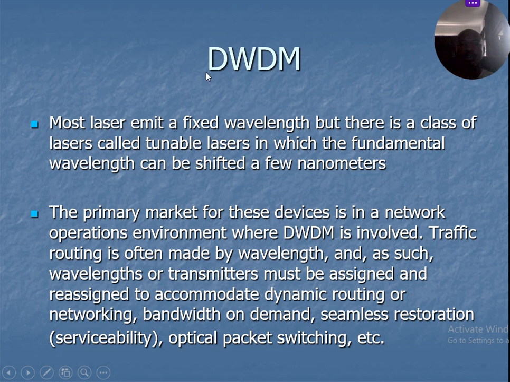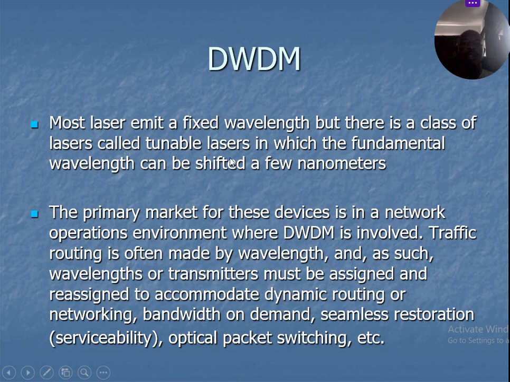So all the light impulses going into this channel will be multiplexed to pass through one channel. The technology that helps to multiplex these many rays of light into one strong one is called DWDM, dense wavelength division multiplexing. Most lasers emit a fixed wavelength, but there is a class of lasers called tunable lasers, in which the fundamental wavelength can be shifted by a few nanometers.